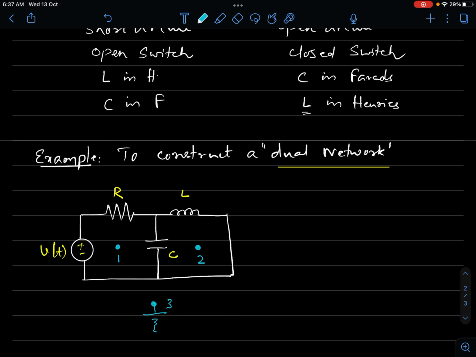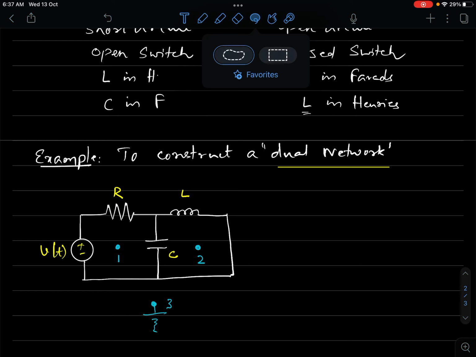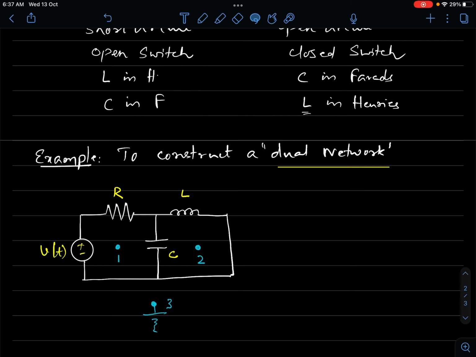Now arrange the same numbered nodes on a separate space. I'll place node 1, node 2, node 3.